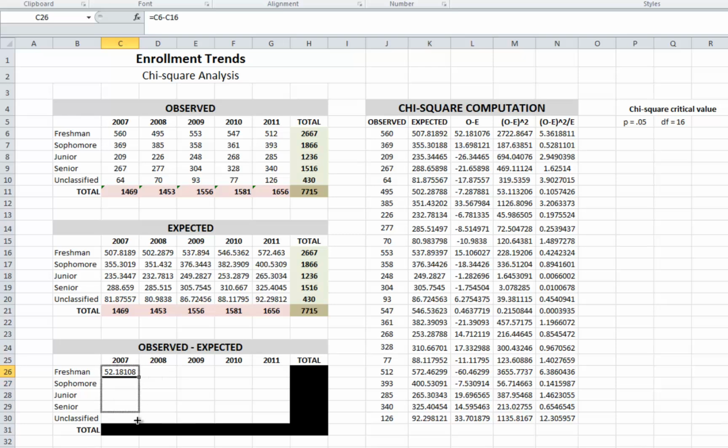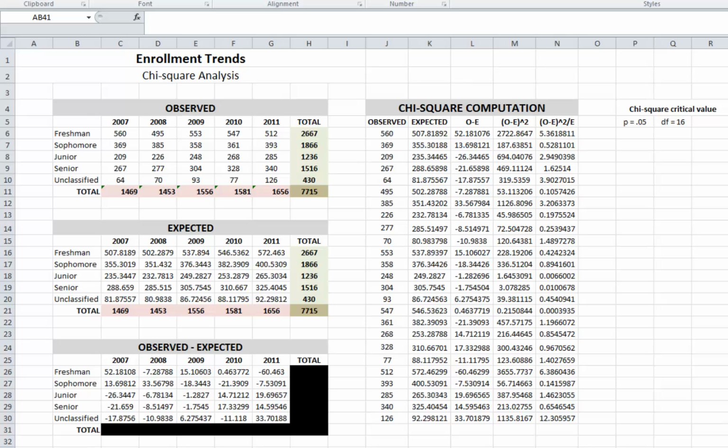Now the cool thing is I can just drag down, and again those match, and I can just repeat the process. So go over to 2008, this equals observed up there minus our expected there. That's that, and then we'll drag down. Okay, I'm going to go ahead and fill that in and pause it, and I'll be right back with you.